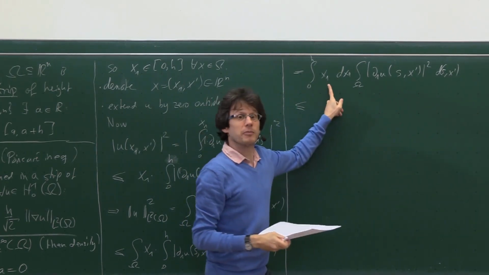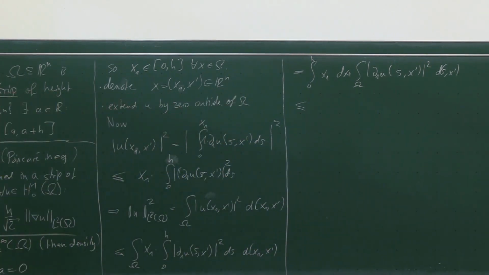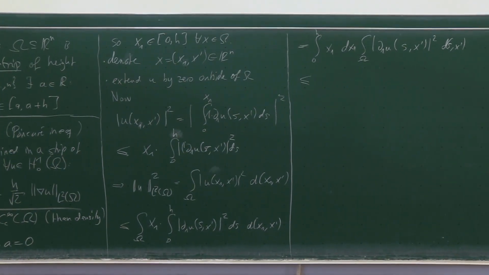This is not too complicated to calculate. The integral from 0 to h over x1 dx1 is a half h squared.